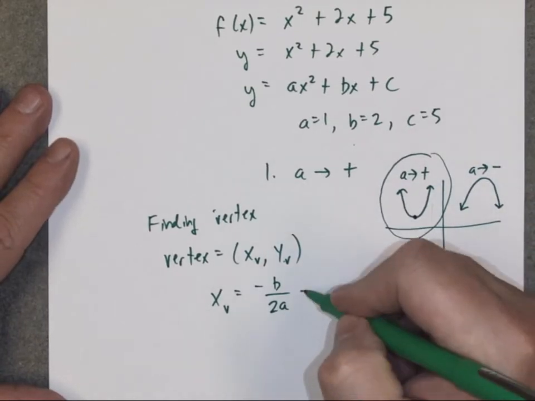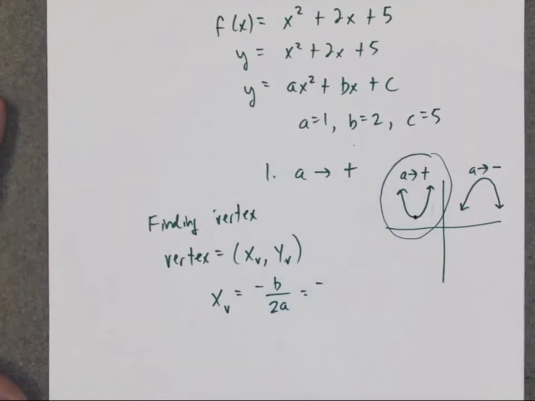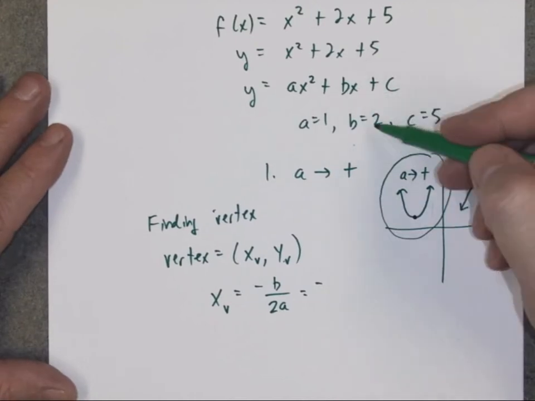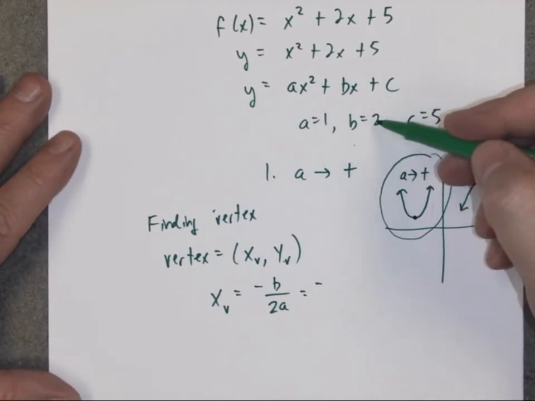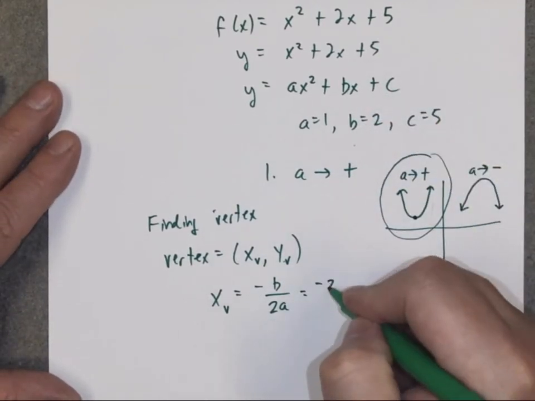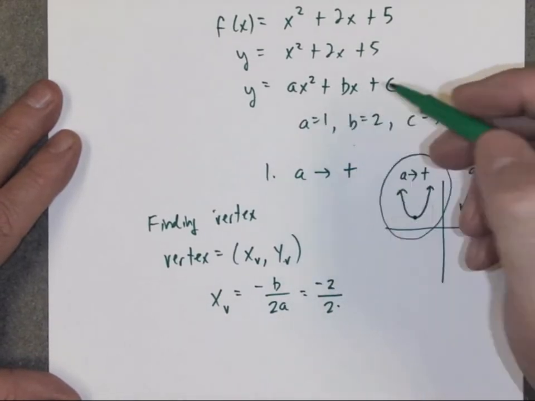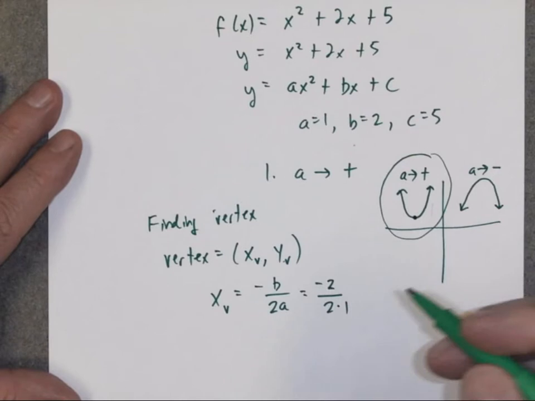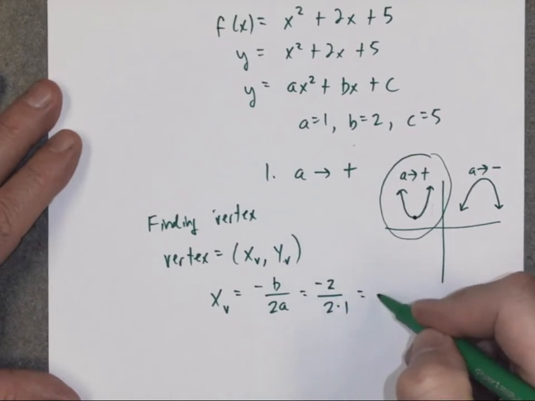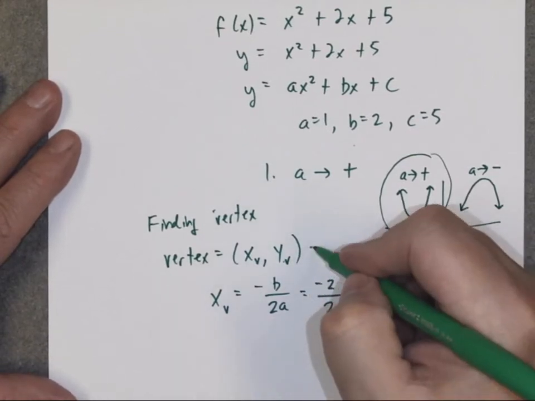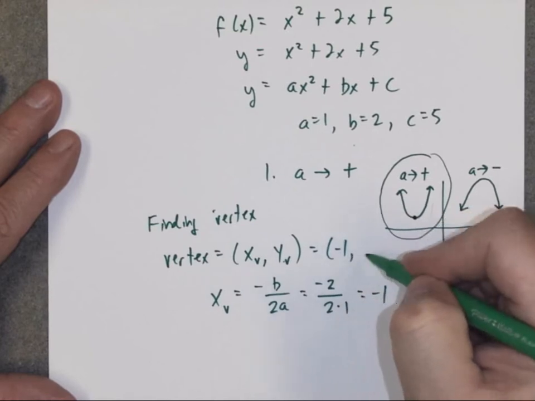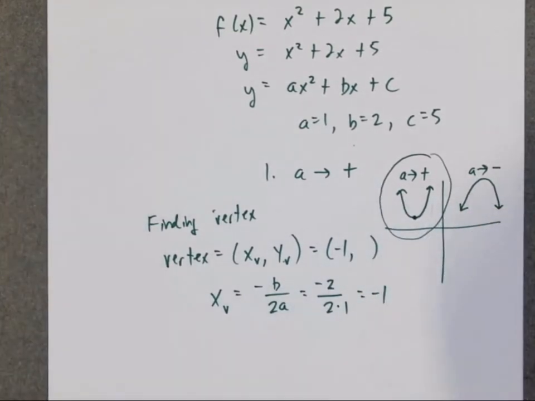So for our example, first you put your negative, then for our equation b is 2, so I put a 2 here, over 2 times a. a is 1, 2 times 1. Negative 2 over 2 is negative 1. For our problem, I've now determined that the x value of the vertex is negative 1.